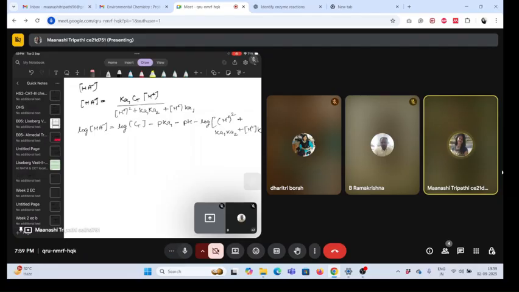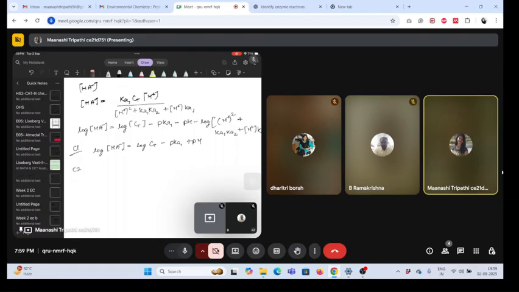So we will get certain equations like case 1, same like last time. We will get the final equation that will be log HA is equal to log CT minus pKa1 plus pH.